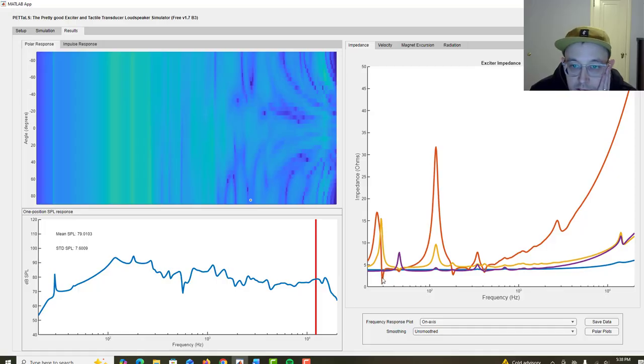So like the negative impedance here relative to the DC impedance is when the exciter is trying to push on the panel, but the panel is pushing back because of the other exciters. And so you get like the opposite response of what you would expect right at that frequency for that exciter. So some weird things happen, for sure. And then their resonant frequencies change and all sorts of crazy stuff.